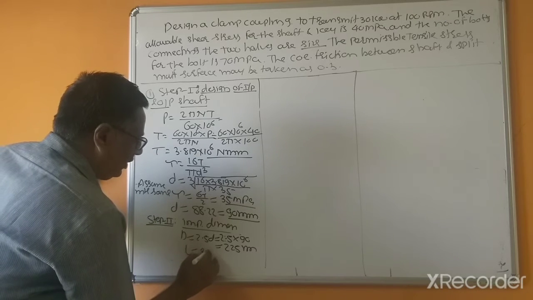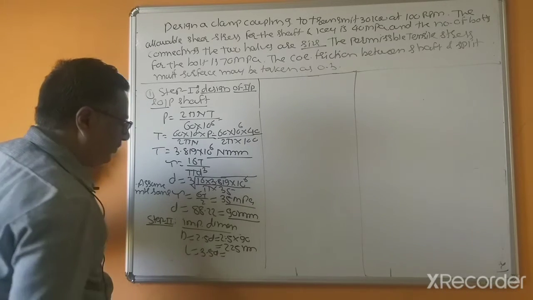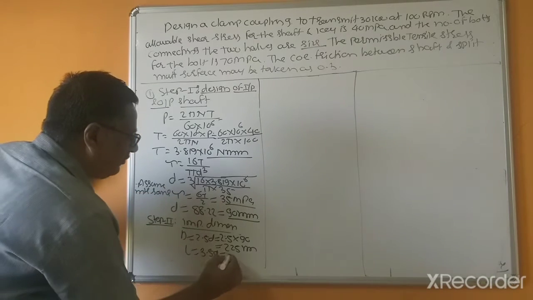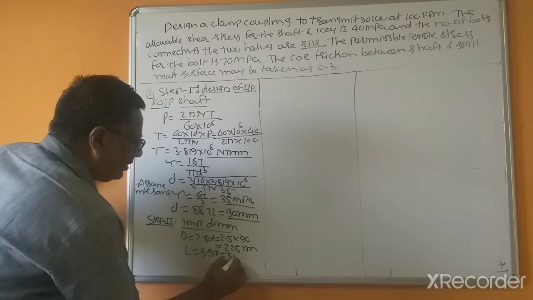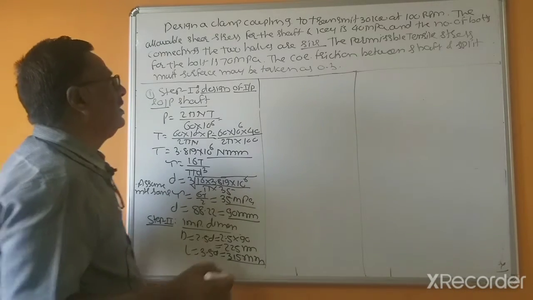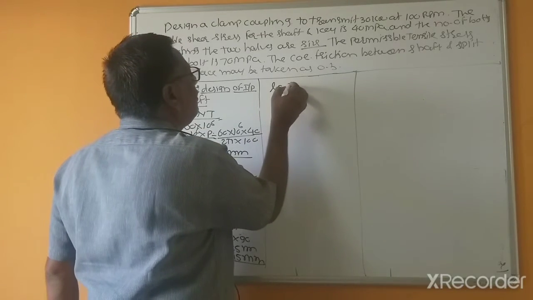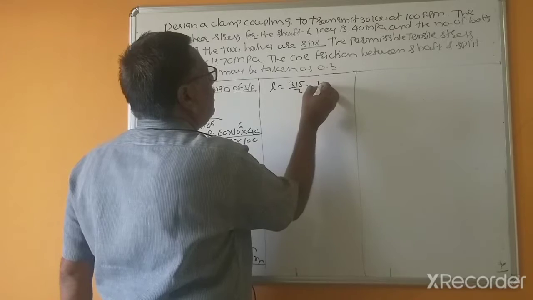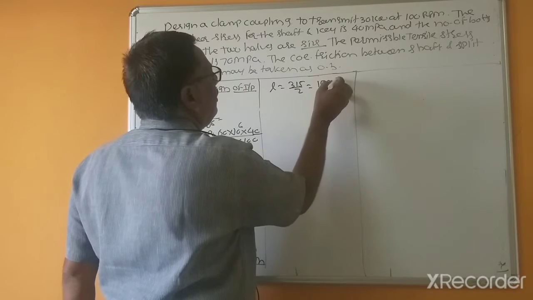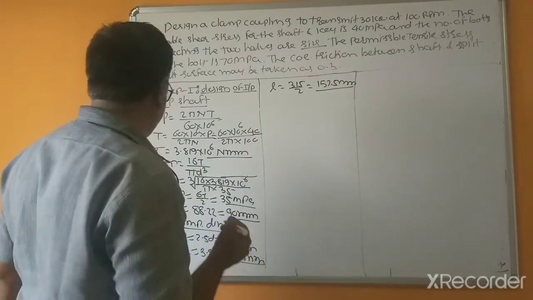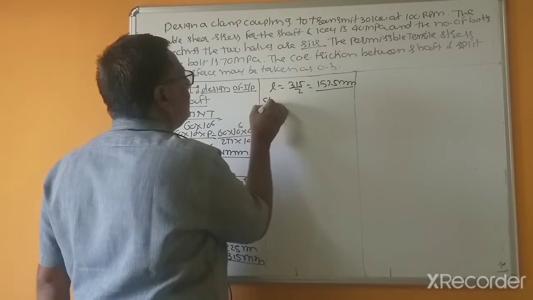Length equal to 3.5 d, 3 into 90, 270 plus 45, 315 mm, capital L. And small l equal to 315 divided by 2, this is equal to 157.5 mm, right? So what is next?